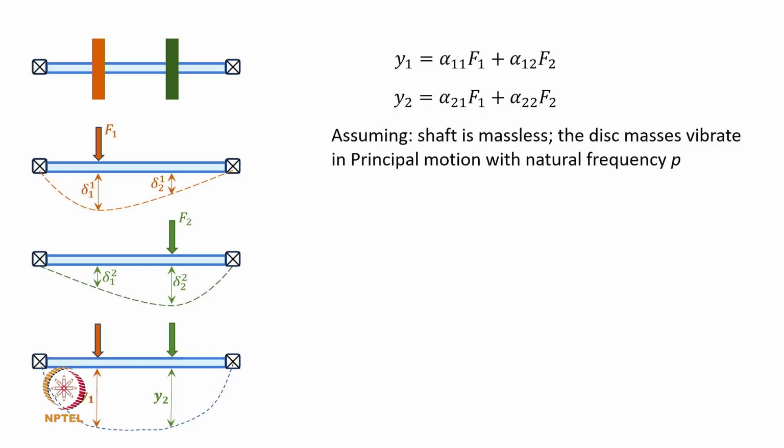So, we assume that these discs are moving in one of the principal modes or normal modes, and the natural frequency is defined as p for that.